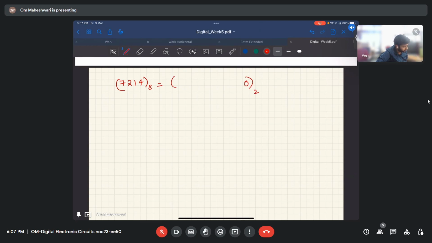4 is 001, 1 is 001, 2 is 010, and 7 is 111. So this is the binary conversion of 7214.